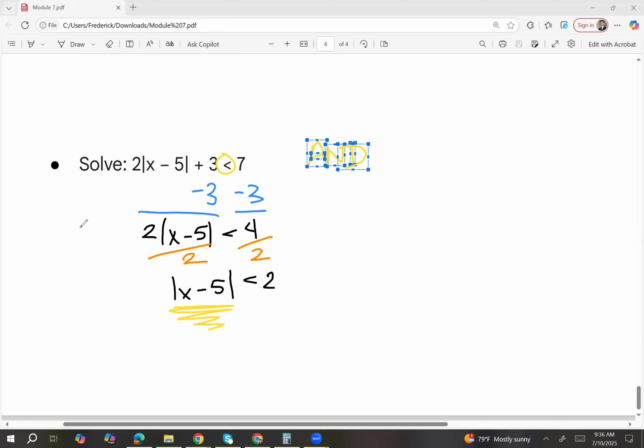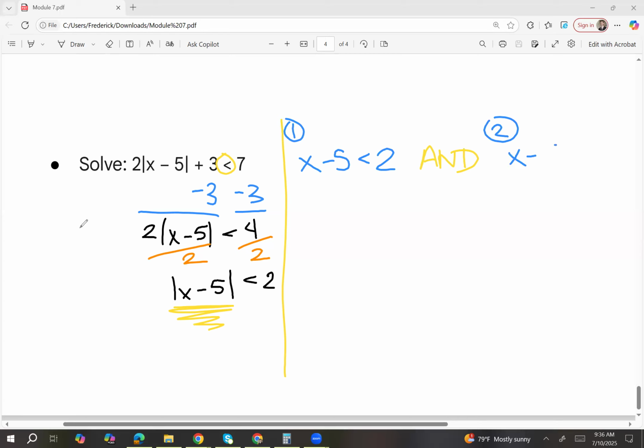And then set up our 2 equations over here. First one is going to be dropping the absolute values and writing it as is, x minus 5 less than 2. Second one, introducing the negative.